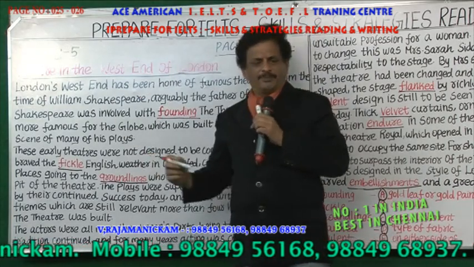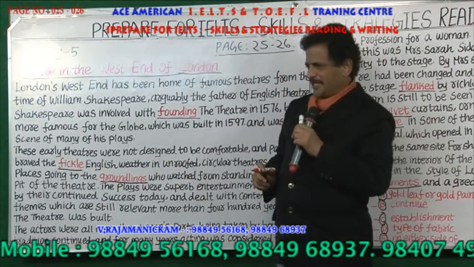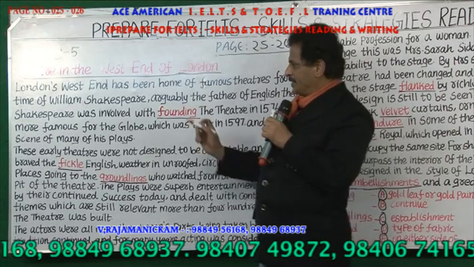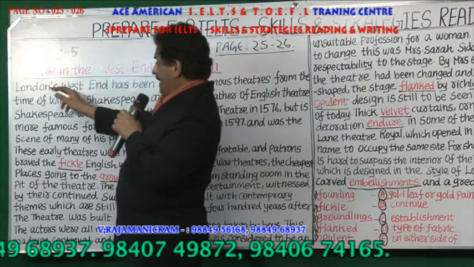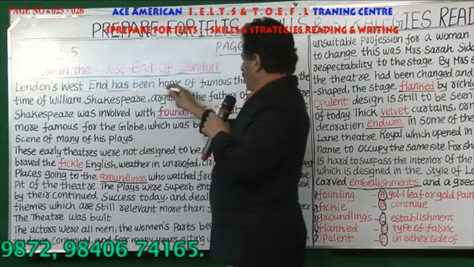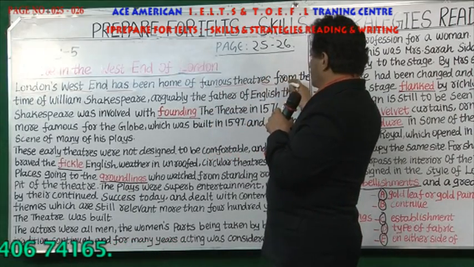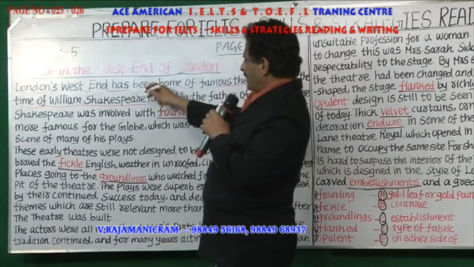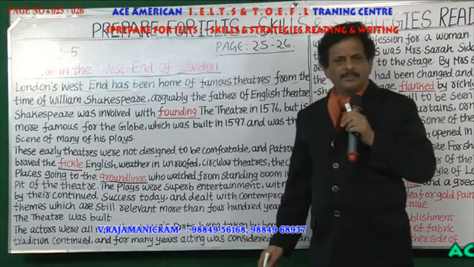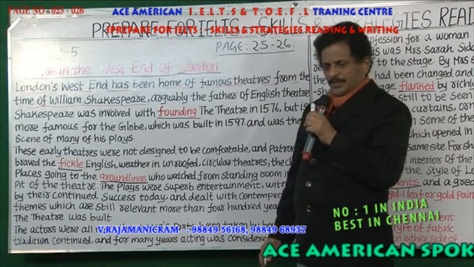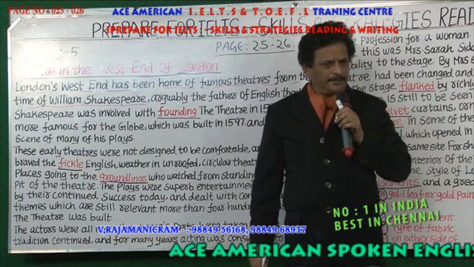Theatre in the West End of London. Theatre means what, sir? It's a drama theatre. In earlier days, before cinema was invented, it was the theatre. So see the essay, what is given? London's West End has been home of famous theatres from the time of William Shakespeare. William Shakespeare is a great writer, a playwright. He is so popular in England.